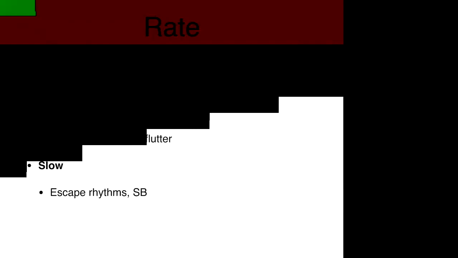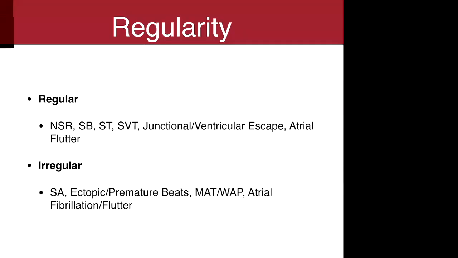Slower rhythms, maybe we need to put them in the category of sinus bradycardia or an escape rhythm like junctional escape rhythm, or we haven't gotten to it yet, but a ventricular escape rhythm. Those things are slower. Again, as we move further down in the downward displacement of the pacemaker, the slower the rates we get, and that's what these escape rhythms are. So if you know whether it's fast or slow, you can begin to eliminate certain things and narrow your differential based on that.